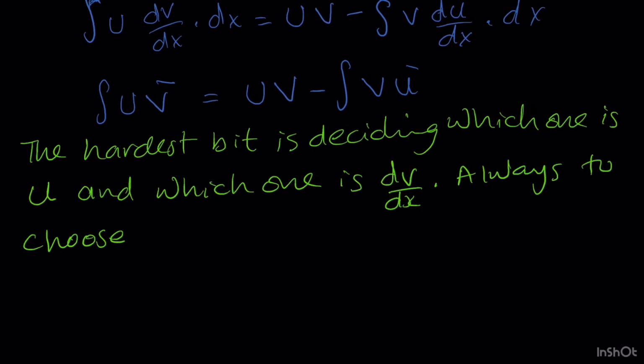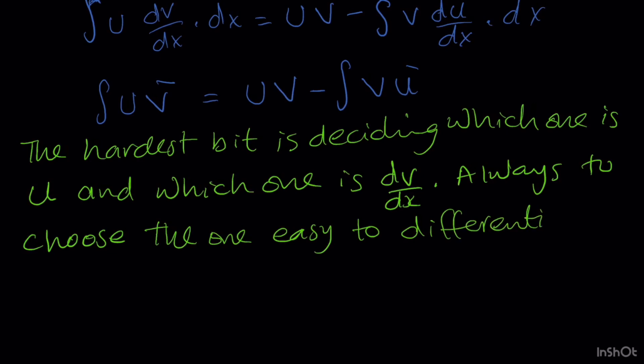So always choose the one that is easy to differentiate as u. The one you see is easy to differentiate, make it equal u.